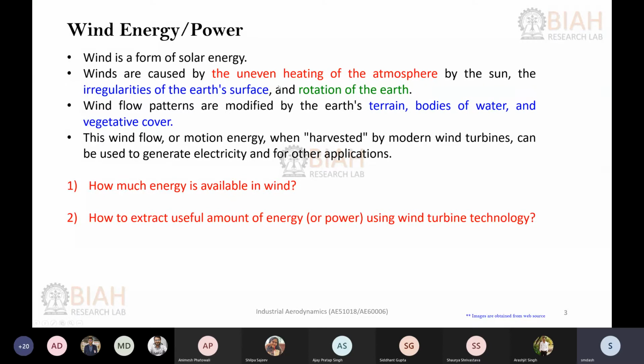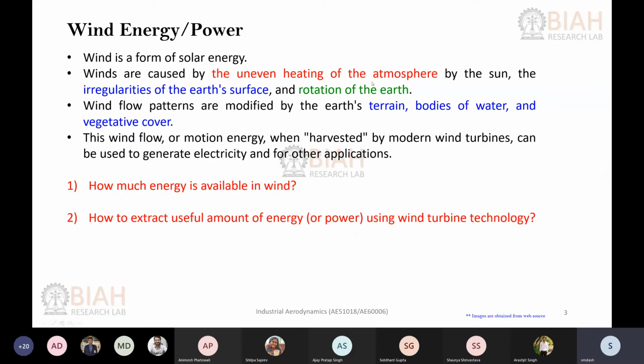You can see that the solar radiation received by the atmosphere and the earth surface is uneven, like during the daytime and during the night time, because of that unevenness and irregularities on the earth surface and the rotation of the earth.